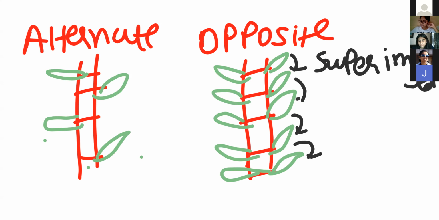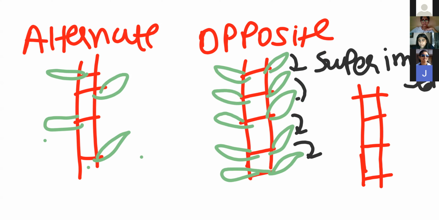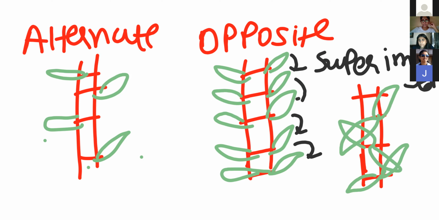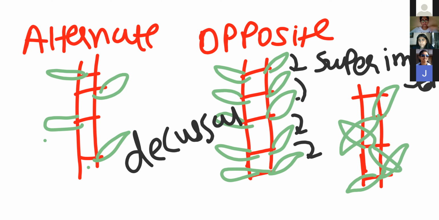Superimposed, overlapping. Then if leaves arise on the stem at each node, again two leaves, so we call it opposite, but now they are arranged at a right angle to the previous one. So that we call opposite decussate, meaning right angle.